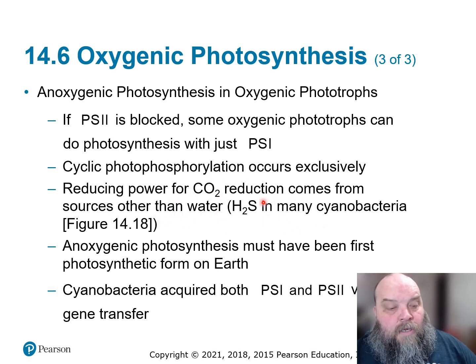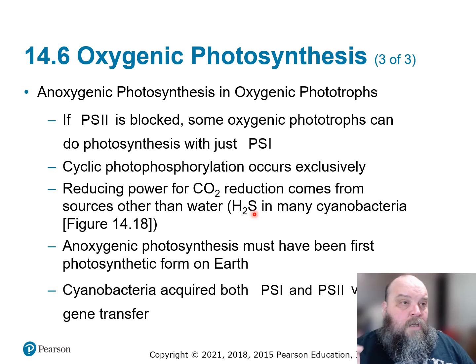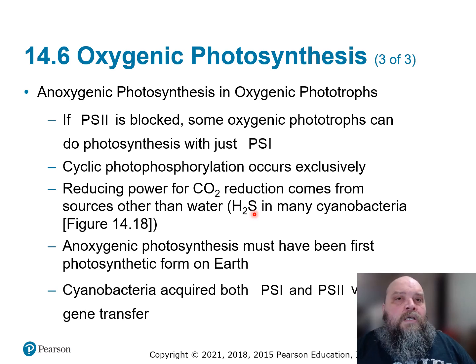Cyanobacteria and a few others can utilize hydrogen sulfide, if necessary, to replace the splitting of water for photosystem 2. So that, yes, while photosystem 1 is trying to go, these can shunt, or they just completely have lost the ability to utilize water as the electron replacer.